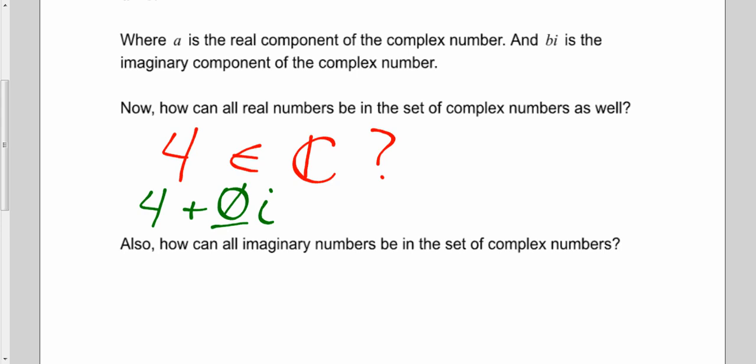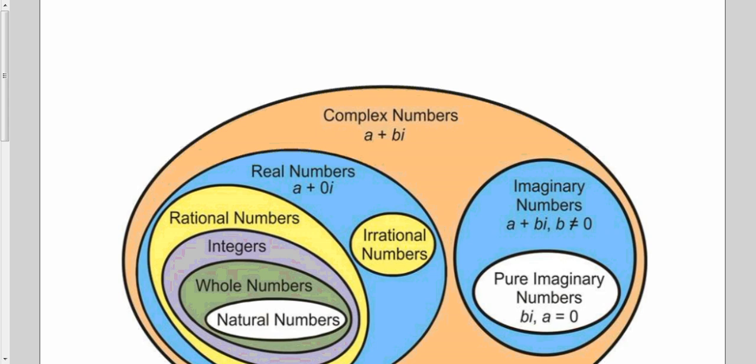Same thing, right? Is 0 a real number? It is. So, remember, it said a plus bi with a and b being in the set of real numbers.